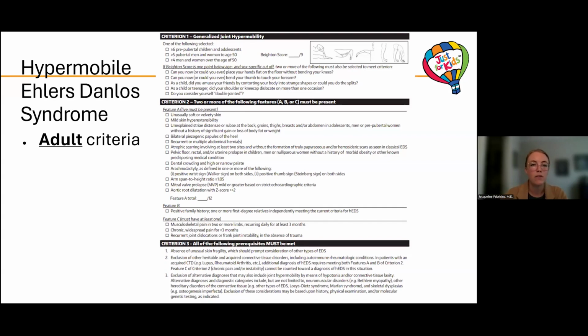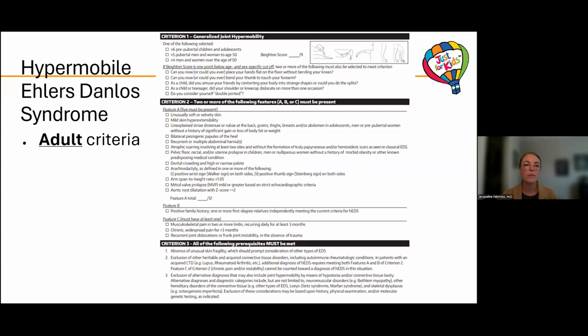The next is positive family history. The last, feature C, is having pain for more than 3 months or recurrent joint dislocations. And then the last criterion is simply that you can't have something else, like another subtype of EDS.